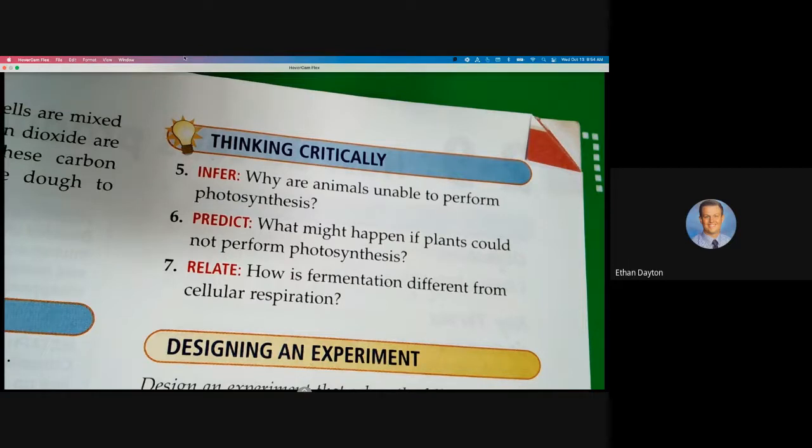You could have also said from yesterday that fermentation occurs in the cytoplasm. Cellular respiration occurs in the mitochondria. Yes? But those are two completely different, right?